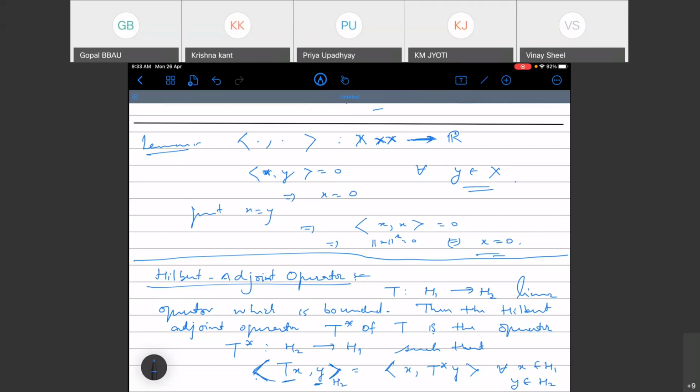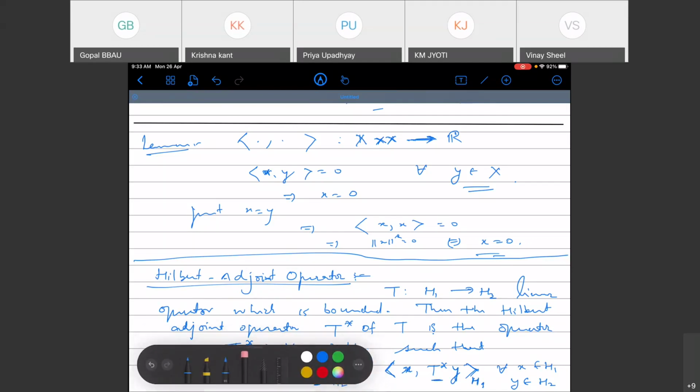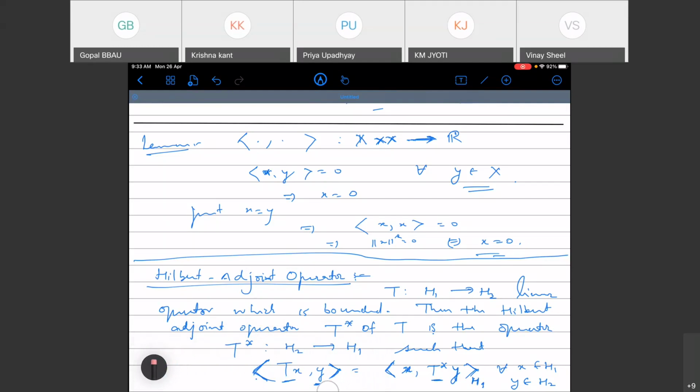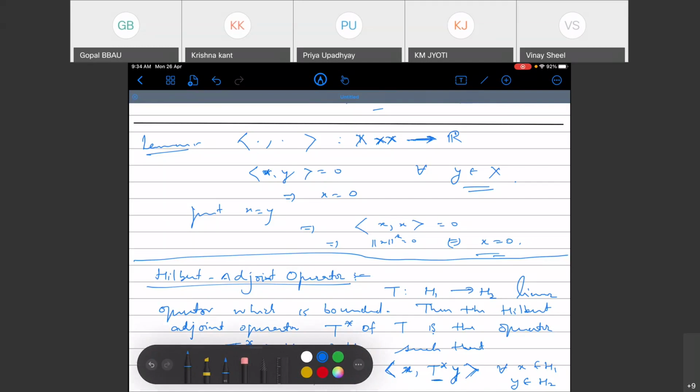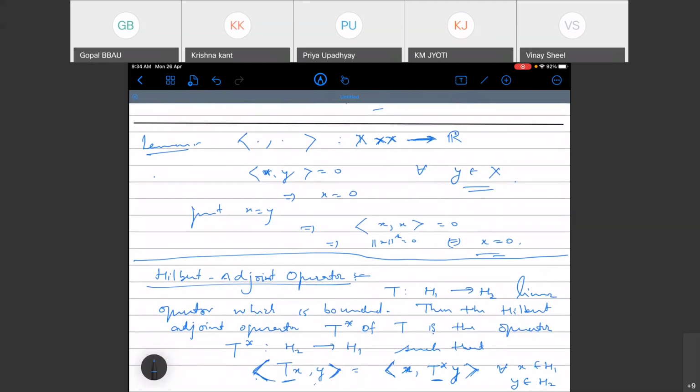And the inner product on the right-hand side: x belongs to H1 and y belongs to H2, therefore T*y belongs to H1, so this is in H1. If there is no confusion, in that case we omit this H1, H2. It is well understood where these inner products are.